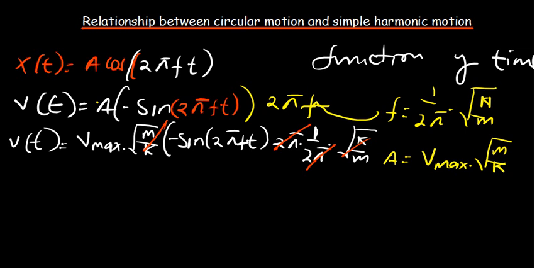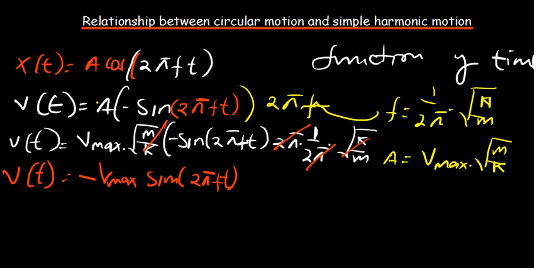Now we are going to get a function as negative V max sine 2 pi f t. This is what we remain with, because we have cancelled the rest.